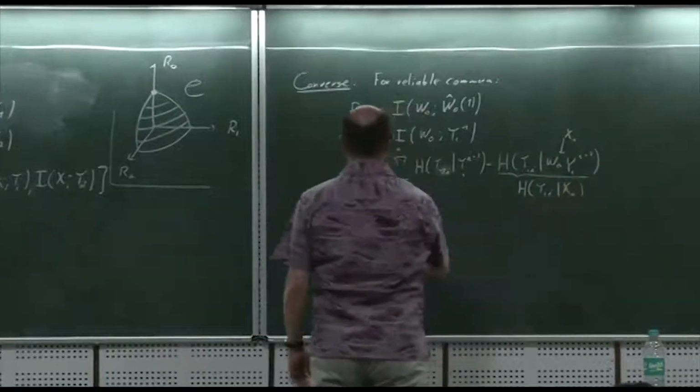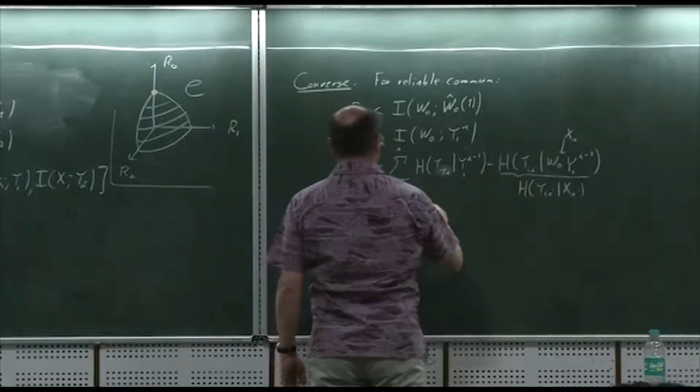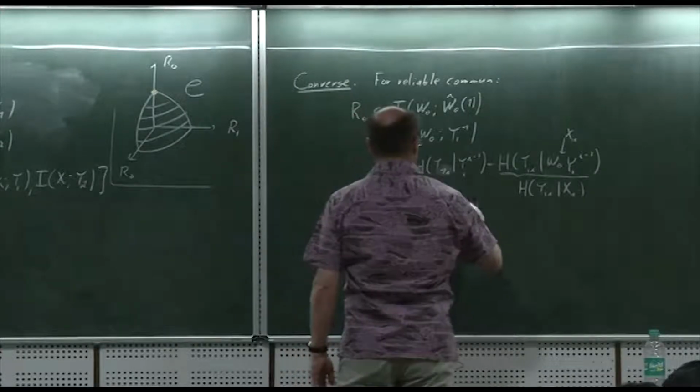As usual, we get the sum over i equals 1 to n of I(xi; y1i).